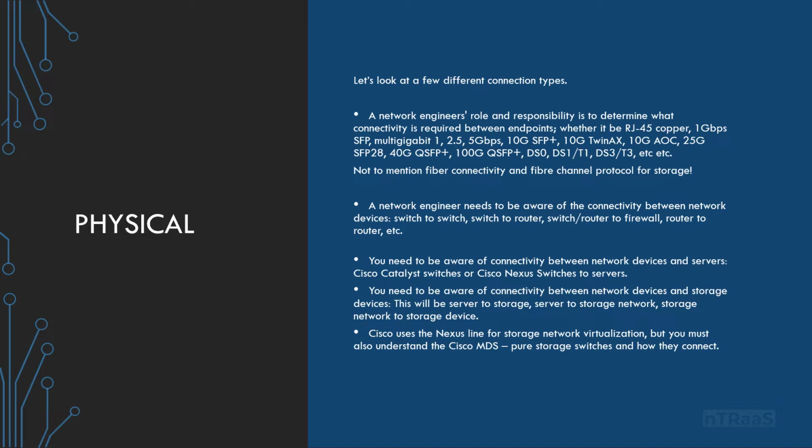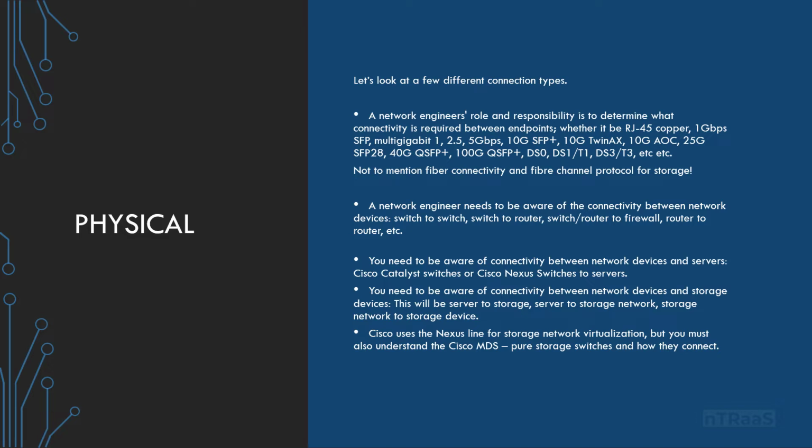A transceiver can be copper or fiber and can go all the way up to 25 gigabits per second. Now, the reason I mention that is because the QSFP is larger than an SFP, and you can't put the QSFP in an SFP port.